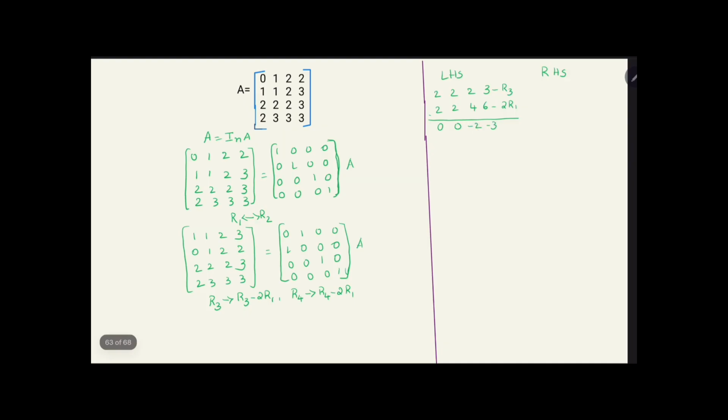Now, what is the second operation for the fourth row, left-hand side only? What is R4? It is 2, 3, 3, 3. This is R4. And the first row I should multiply by 2, that is 2, 2, 4 and 6. This is 2R1, and I should subtract this. So 2 minus 2 is 0, 3 minus 2 is 1, 3 minus 4 is minus 1, and this is minus 3.